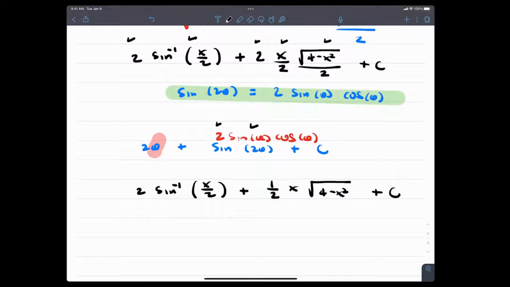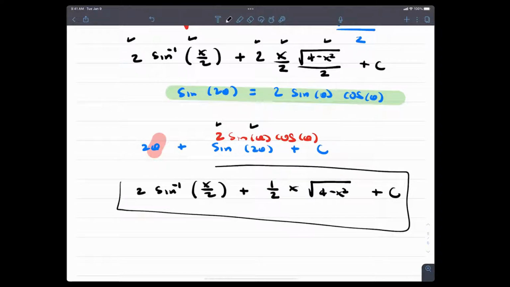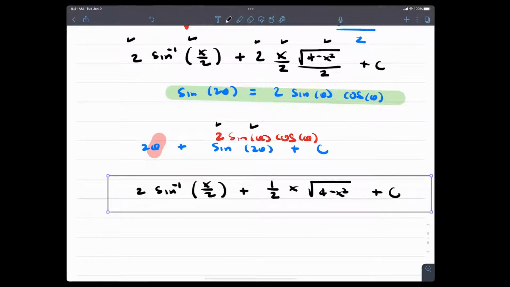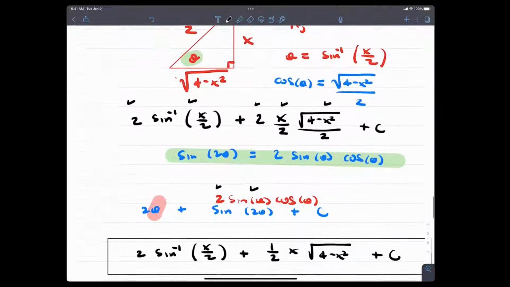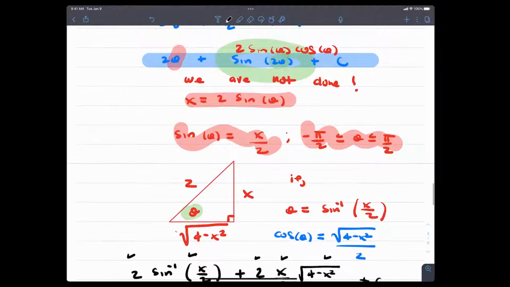Okay? There is what you're looking for. So there you go. Okay, so we went from this answer in blue, and you're using the substitution information, the original substitution, to create a right triangle.